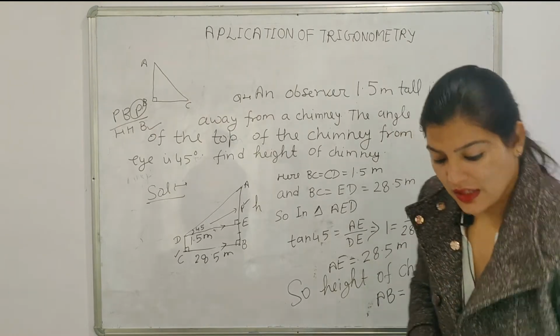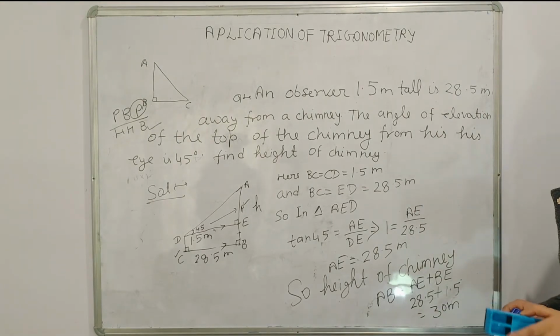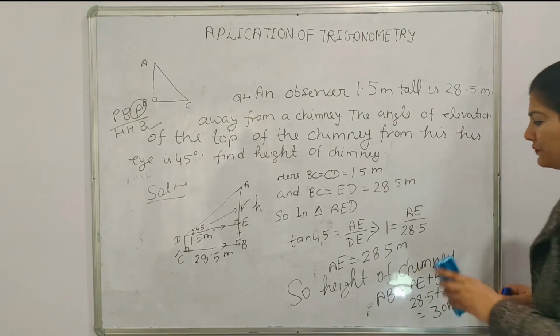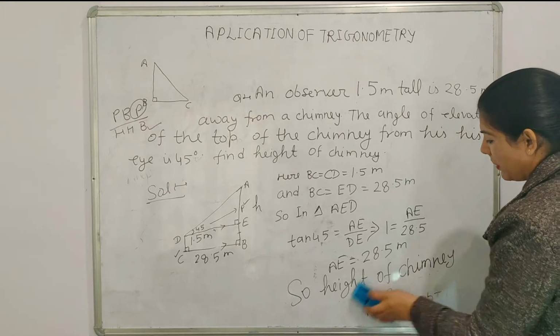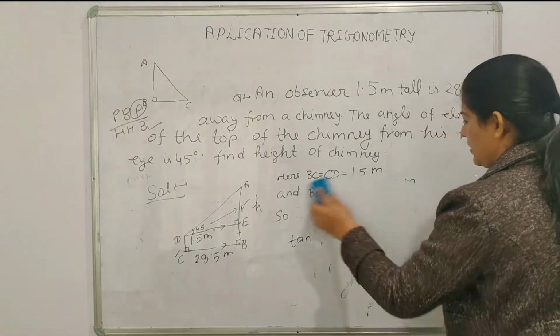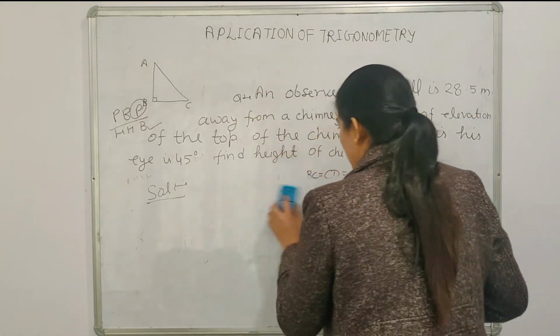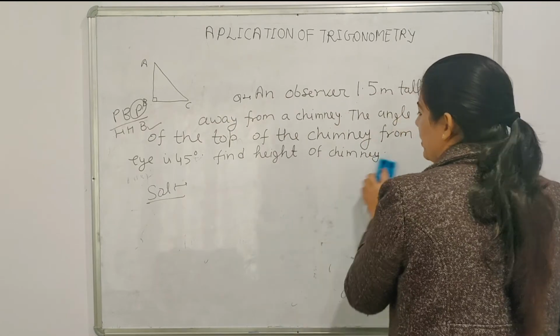So I think it is clear to you now. So let's discuss more questions. We'll discuss three or four questions on this topic. And making the diagram is very important in these types of questions.